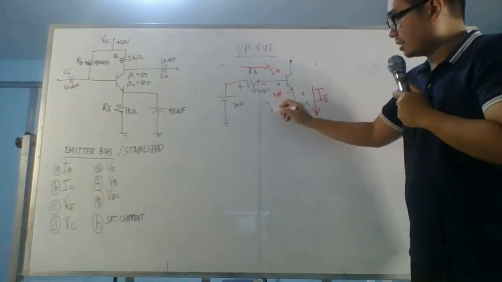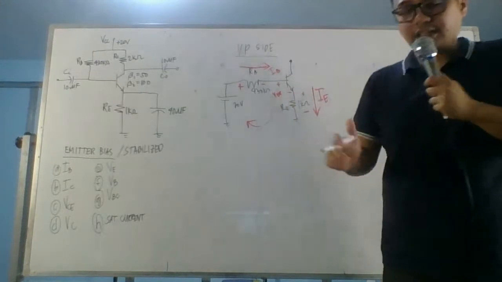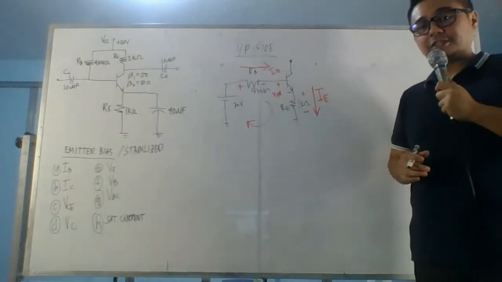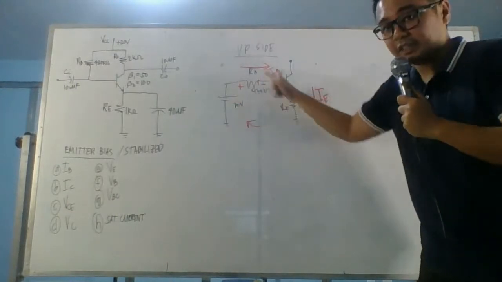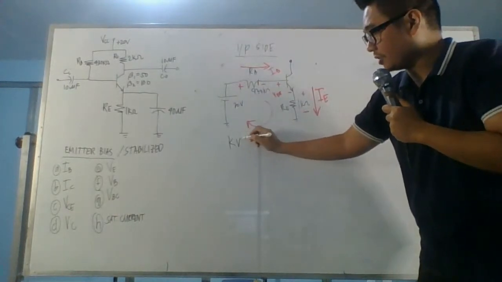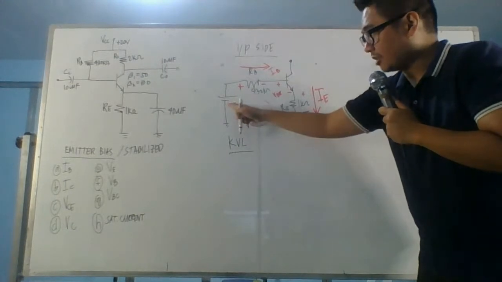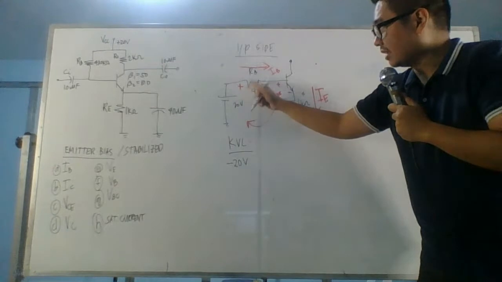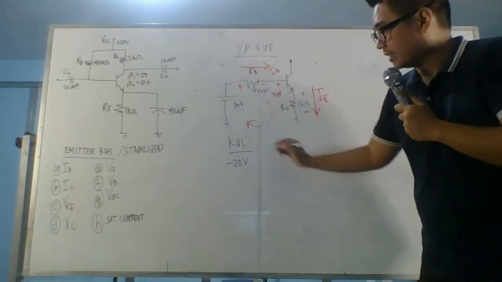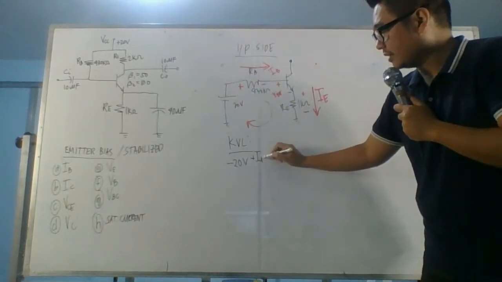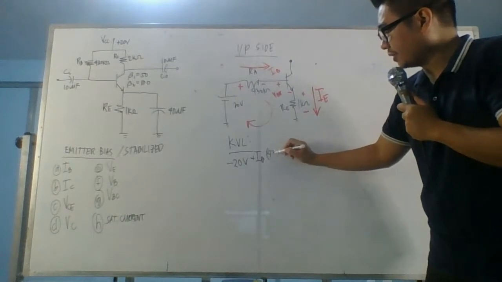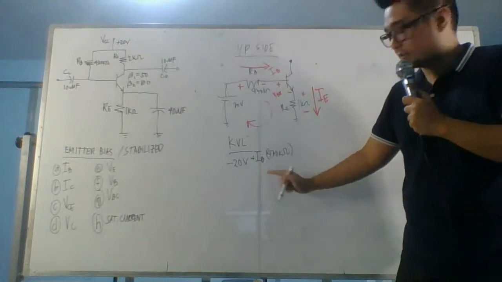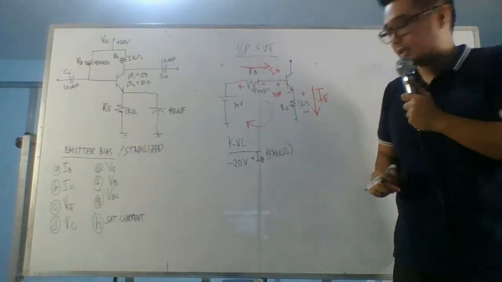And then we will do this clockwise. Again, you can do this counterclockwise pero ganun pa rin ang makukuha natin sagot. Okay, so magsisimula tayo dito na. So we have the KVL equation. Papasok tayo doon. So minus 20 volts plus IB times RB. So we have plus IB times RB of 430 kilo ohms. Unknown yung IB, that's why it's represented as a variable IB.